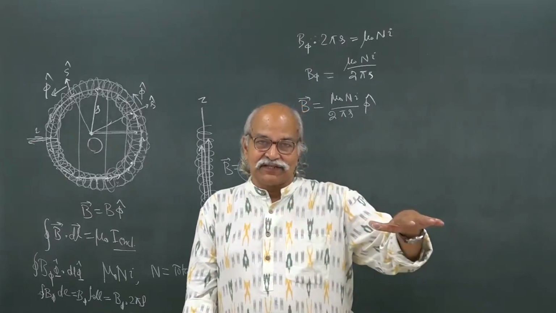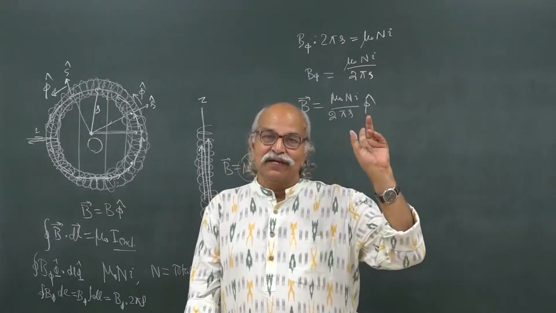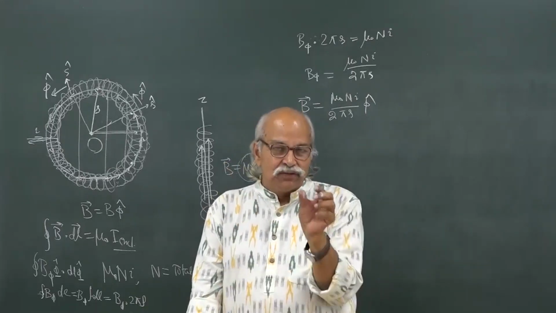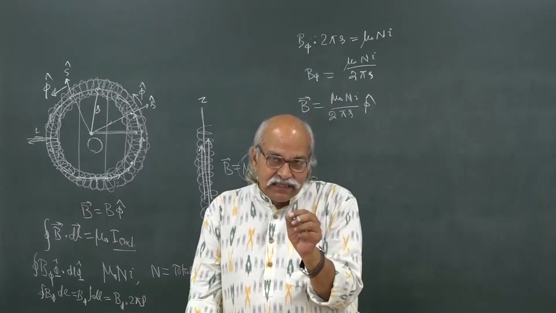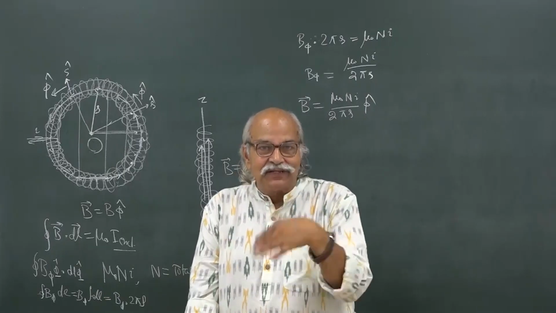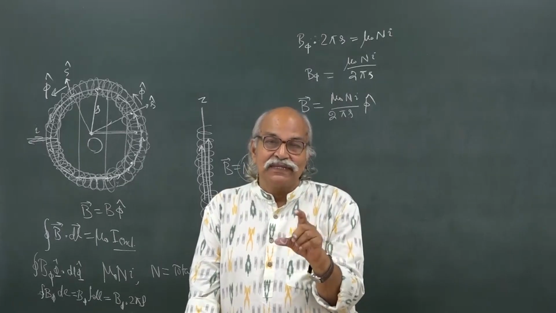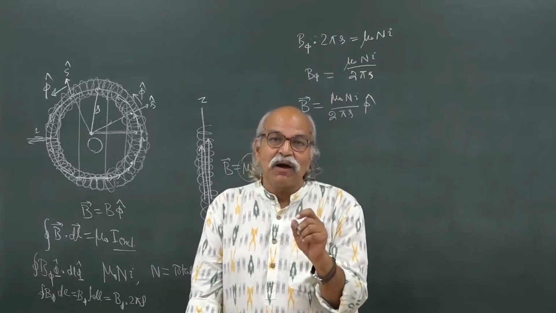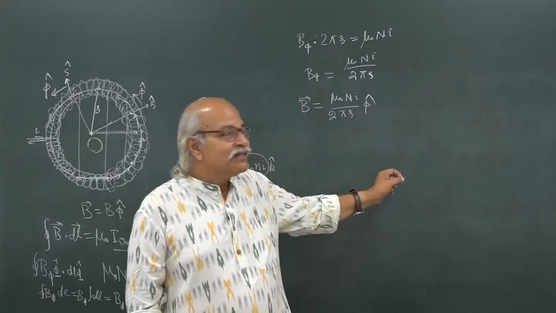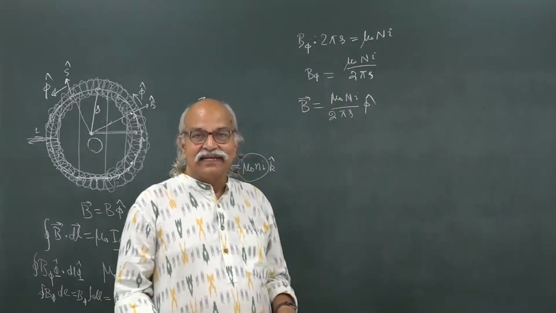If you have a surface and there is a current on the surface, and you take some small part there, just outside this surface on one side and on the other side, how do magnetic field components compare? That is known as boundary conditions. So, let me show the boundary conditions on magnetic field if there is a surface which carries a current.